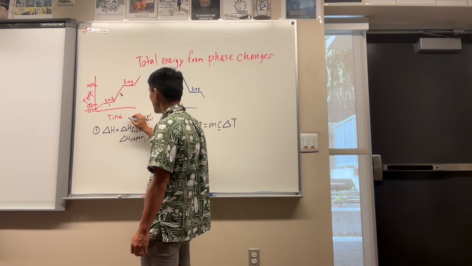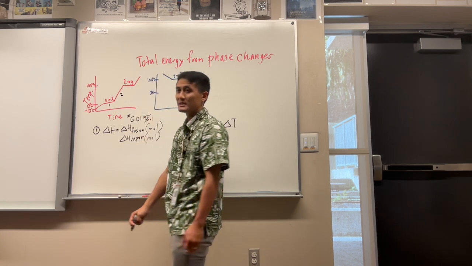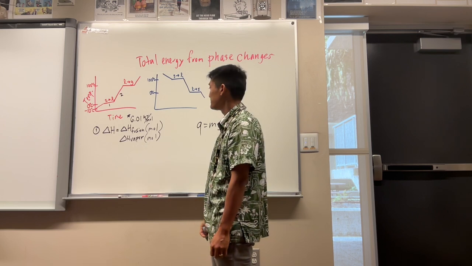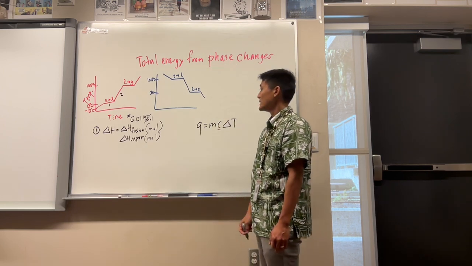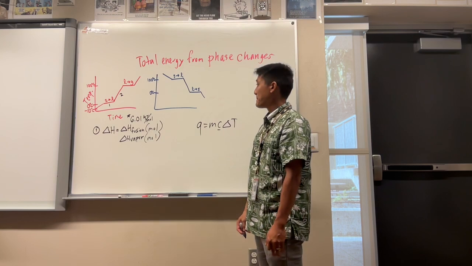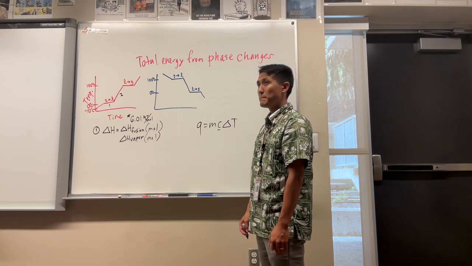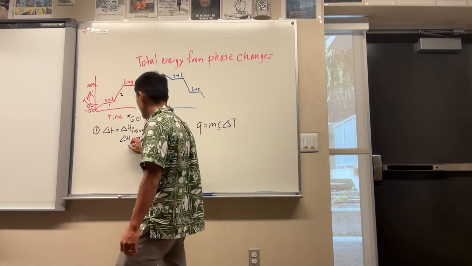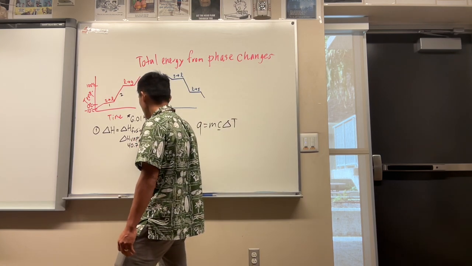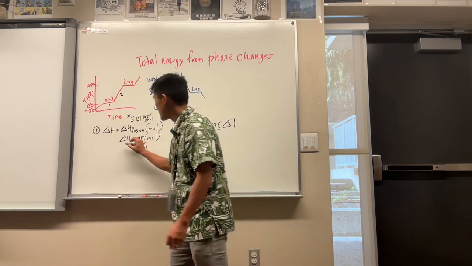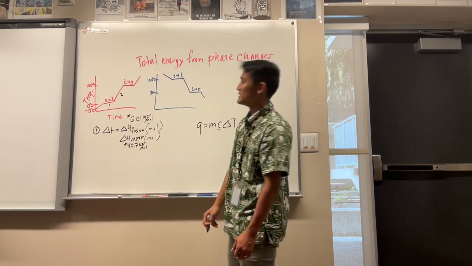Put a star next to that. Vaporization is always 40.7 kilojoules per mole. Put another star next to that.